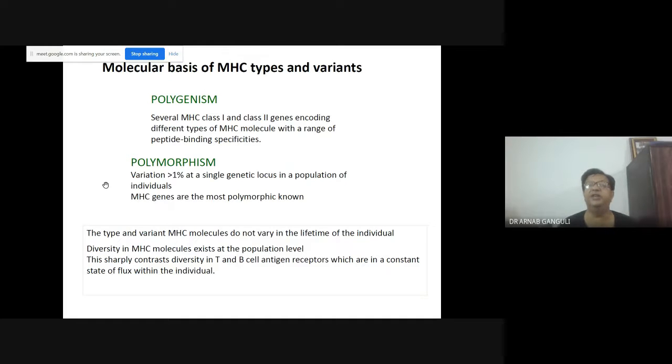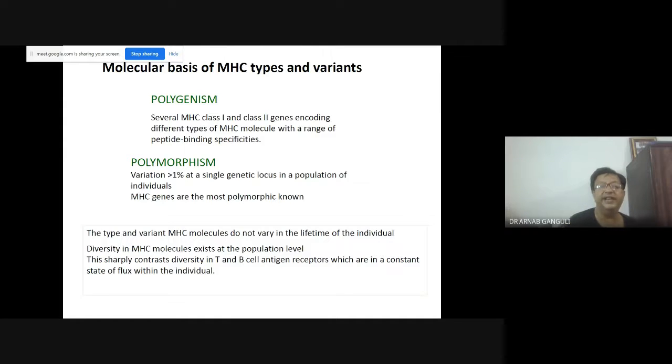So what is the molecular basis of MHC types and variants? And one term comes polygenism. কোয়েশ্চেন আসে 1 নম্বর 2 নম্বর, নট মোর দ্যান দ্যাট। Several MHC class 1 and class 2 genes encoding different types of MHC molecules with a range of peptide binding specificity. So there are polygenic, many genes.